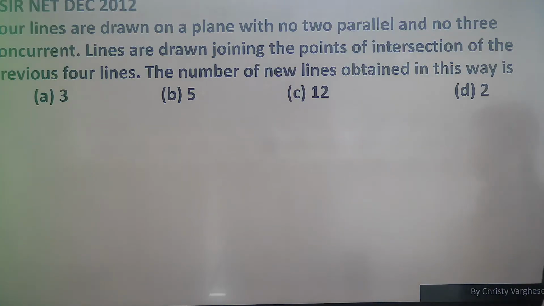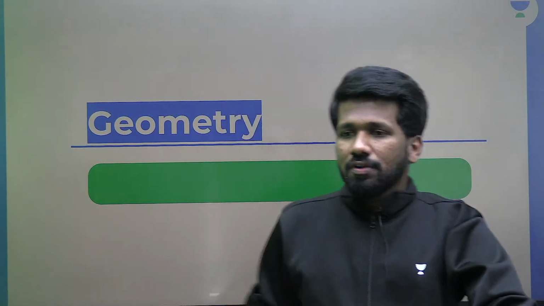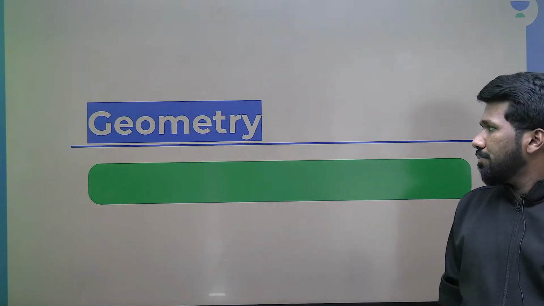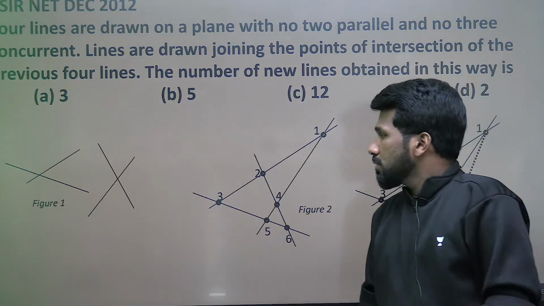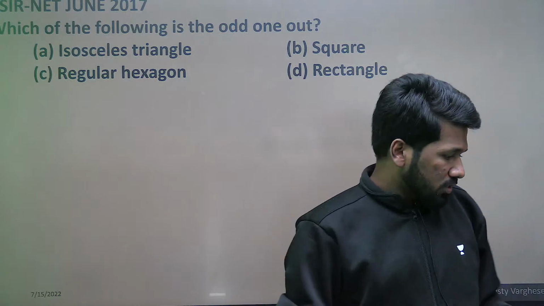So geometry, in the last classes I have shown you different questions on geometry. We will discuss more questions today. Last class I taught you many of the theory of geometry. So we will start with a very simple question, a June 2017 problem.